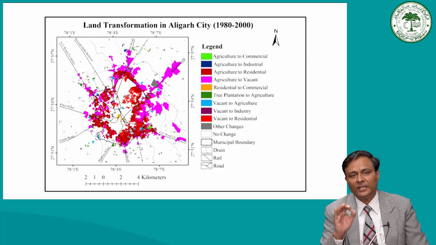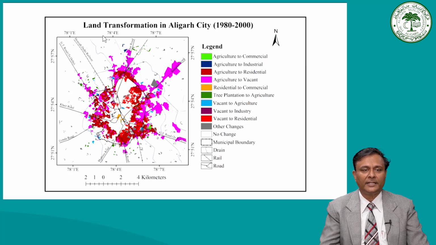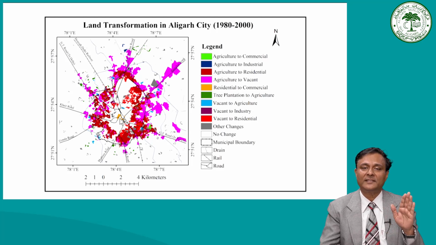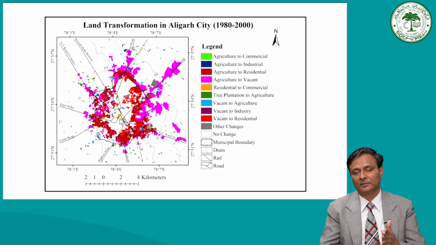Now specifically we know from which land use class land is transforming to which land use class. Here you can see the whiter areas where no color is existing, it is no change. That means during the study period there has not been change. In the middle of the city also it is no change. That means whatever land use class it was previously, built up, it remained afterwards also.